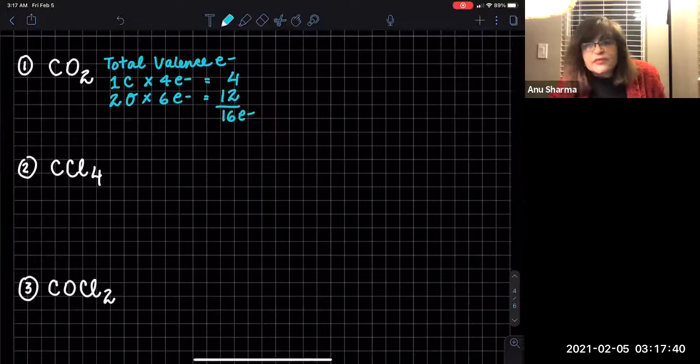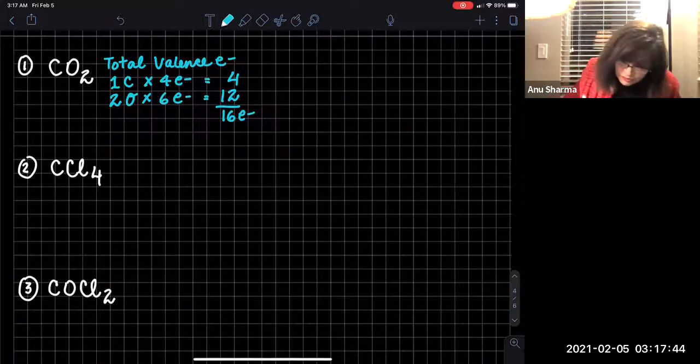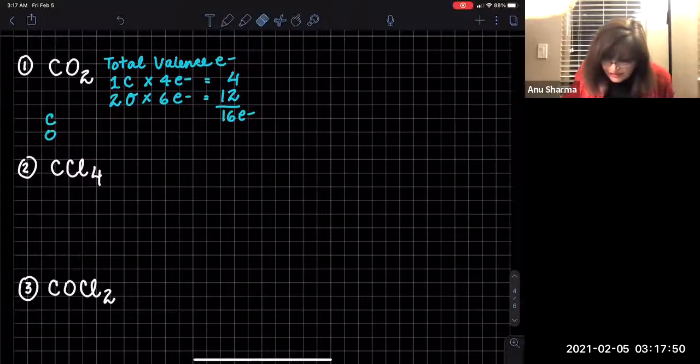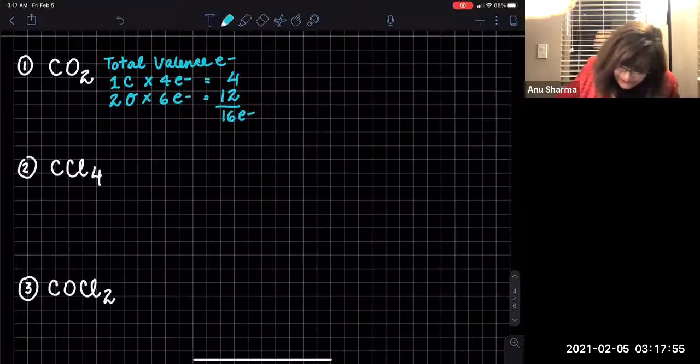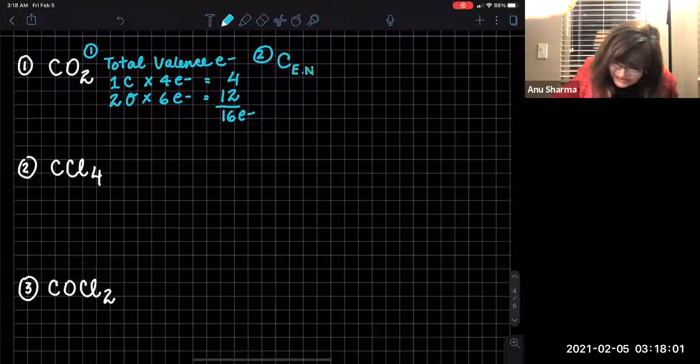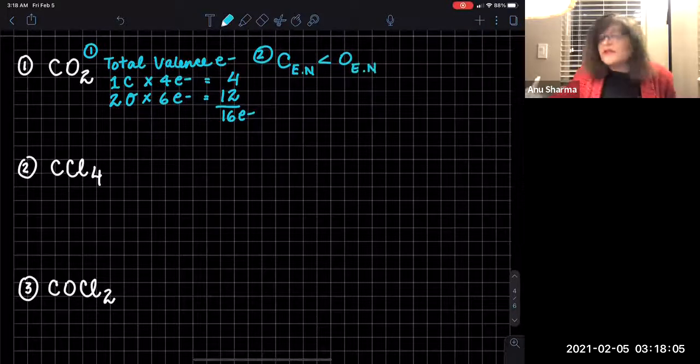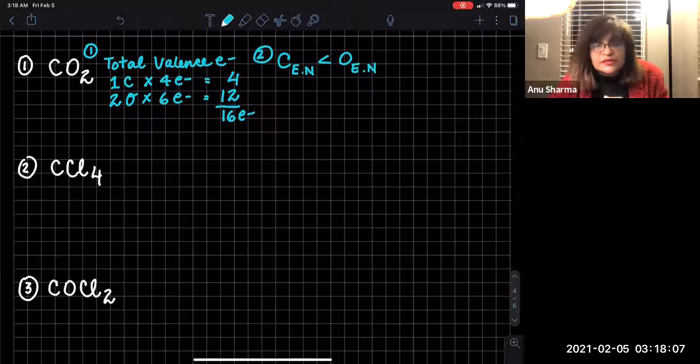So this is one type of test question. Next, we need to identify the central atom, carbon or oxygen. Carbon is less electronegative. So this was step 1. Next step, carbon has electronegativity which is lesser than oxygen, so carbon gets to be in the middle.